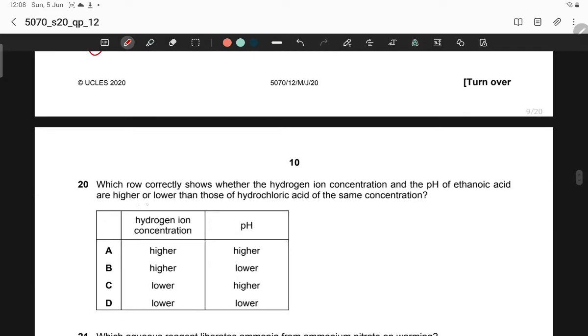Question number 20. Which row correctly shows whether the hydrogen ion concentration and the pH of ethanoic acid are higher or lower than those of hydrochloric acid of the same concentration? HCl pH is 1, ethanoic acid pH is 3.